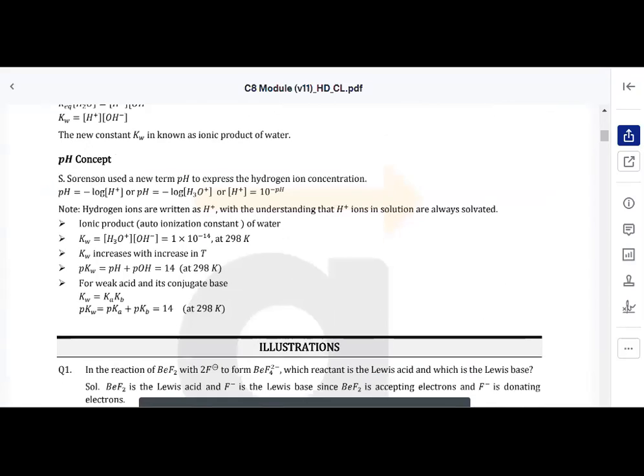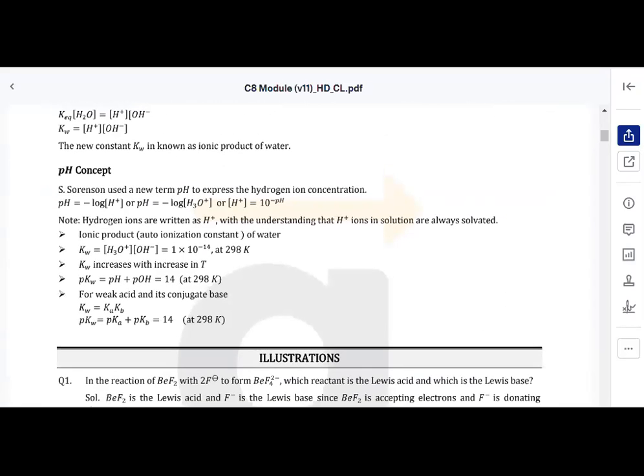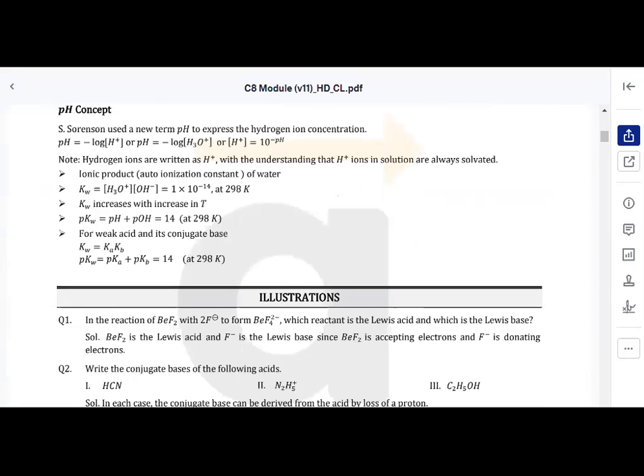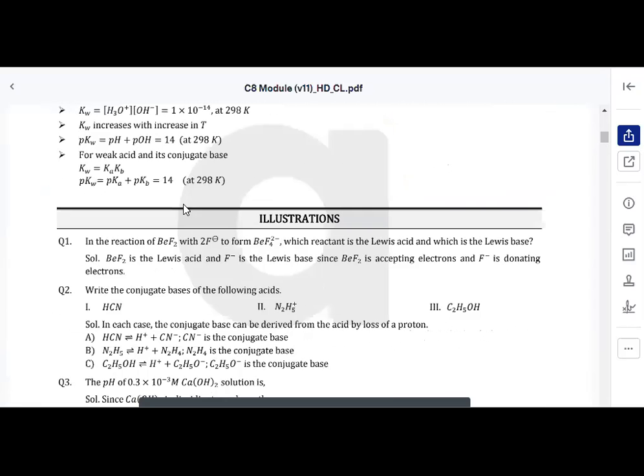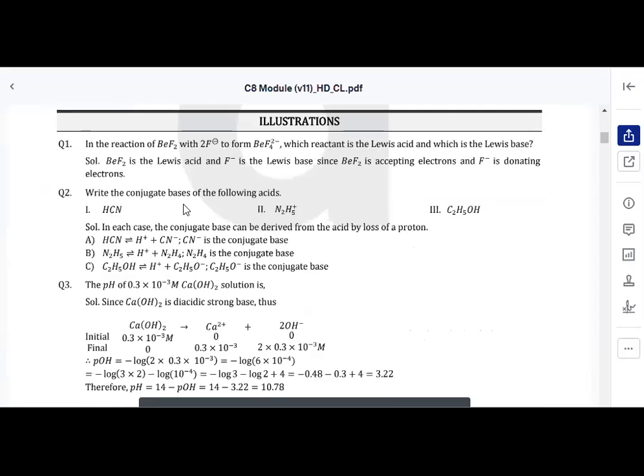Now let's solve problems one by one. Let's discuss these illustrations. The first illustration: in the reaction BeF2 plus 2F minus forms BeF4 2 minus, which is the Lewis acid and which is the Lewis base? Without seeing the solution, just think.